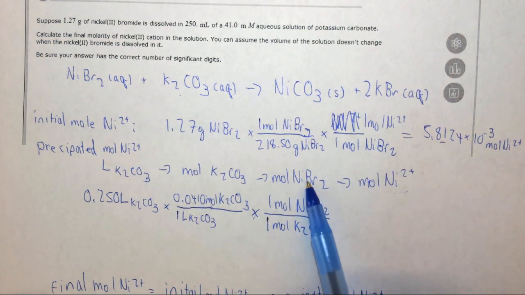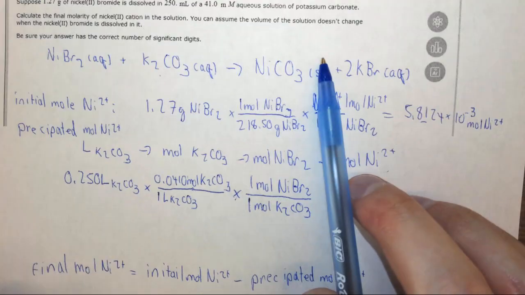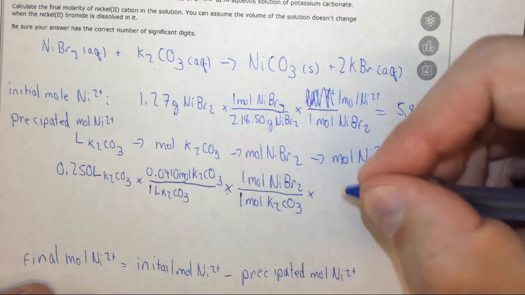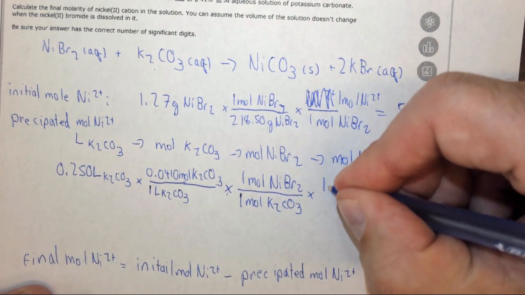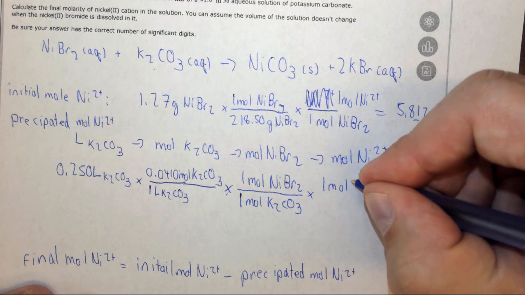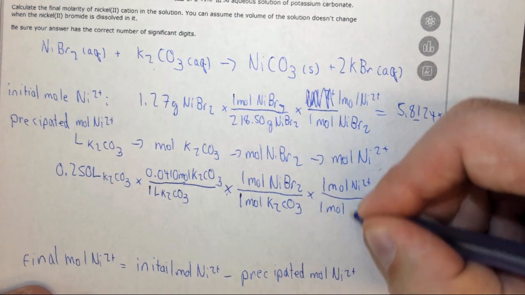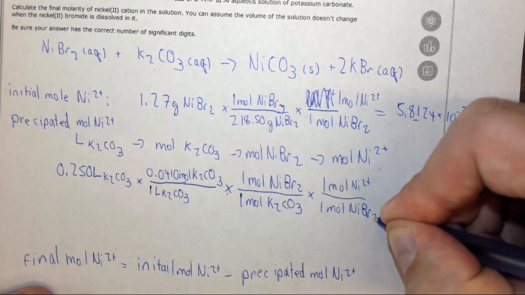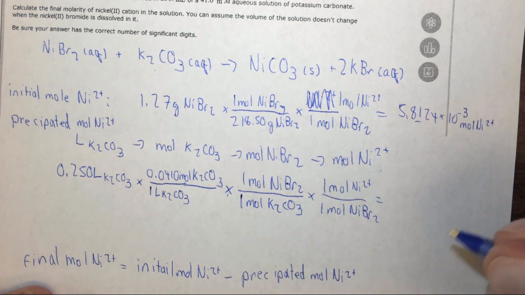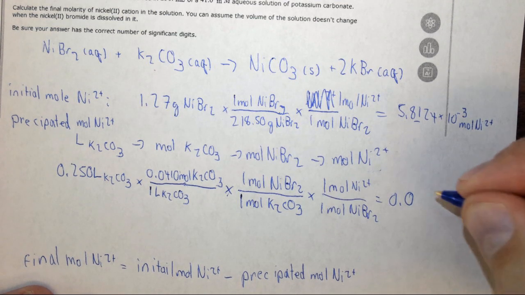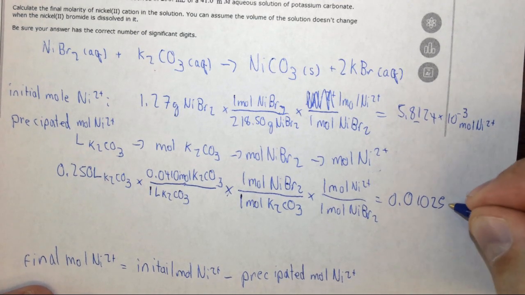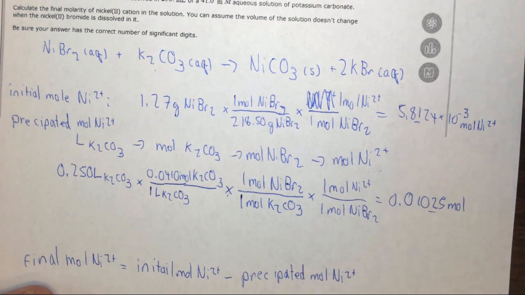So we went from moles of one to moles of another using the balanced chemical equation. And then finally, for every 1 mole of Ni2+ in 1 mole of NiBr2. And we find that we should precipitate 0.01025 moles of Ni2+.